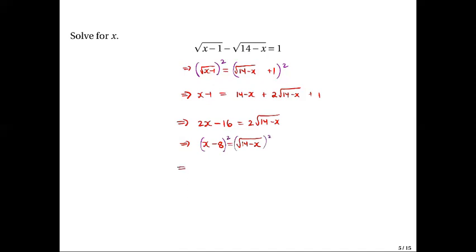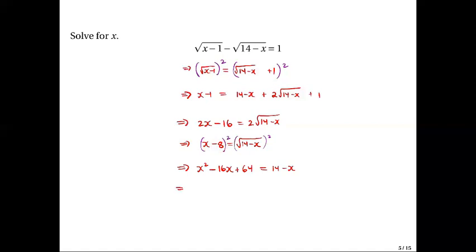On the left-hand side, we apply binomial expansion again. We'll just have x squared, minus, and then twice the product of this and this, so 2 times x times 8, that's 16x. And then for this, we just square it, so plus 64. On the right-hand side, you have 14 minus x.